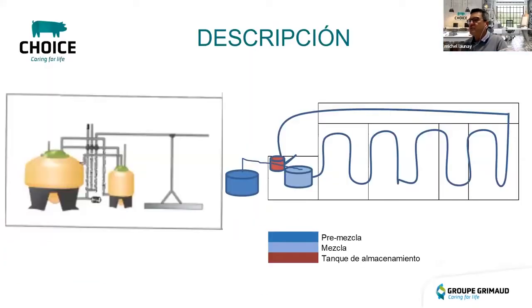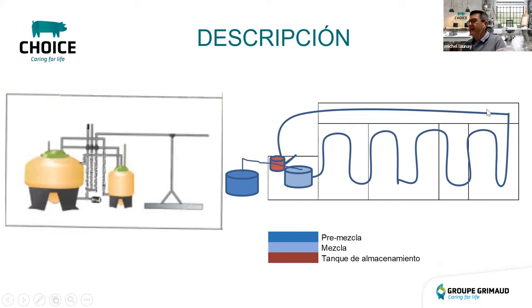Just a short description about liquid feeding. Usually we have a mixer tank, and from this mixer, when you put raw materials, the feed is sent to the pipe and to the trough by a pump.